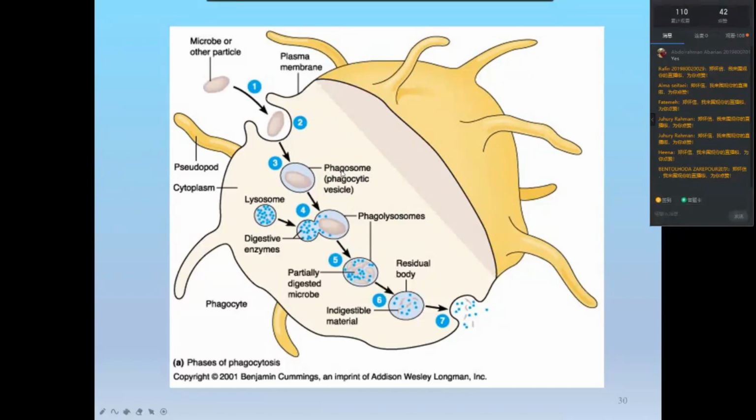This phagosome will fuse with another vesicle called lysosome. Lysosome contains a lot of digestive enzymes, including protease, DNase, a lot of enzymes. And the two vesicles will fuse together. And when it fuses, the enzymes will degrade the bacteria.